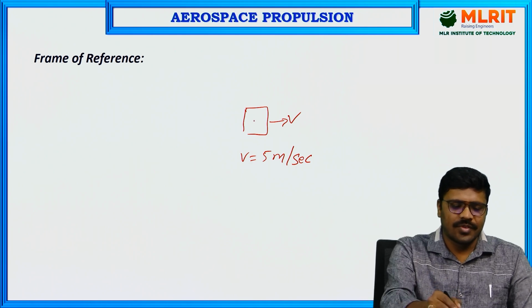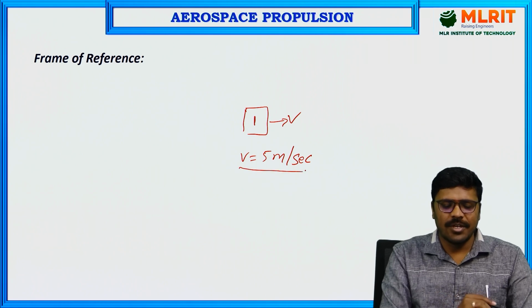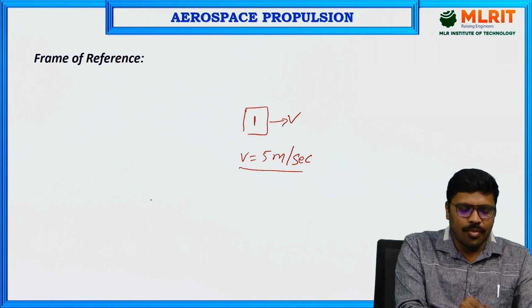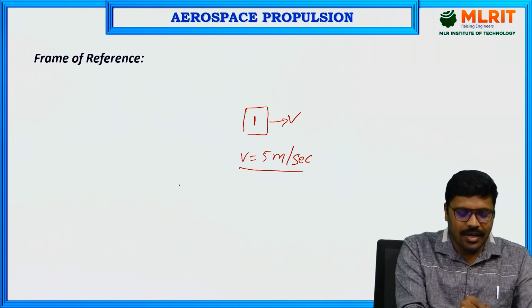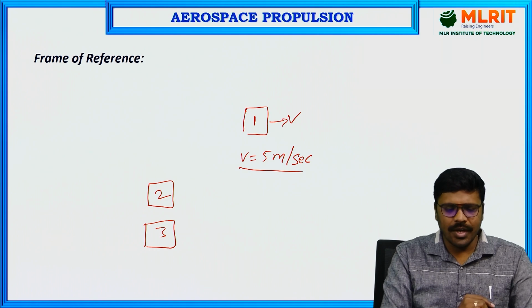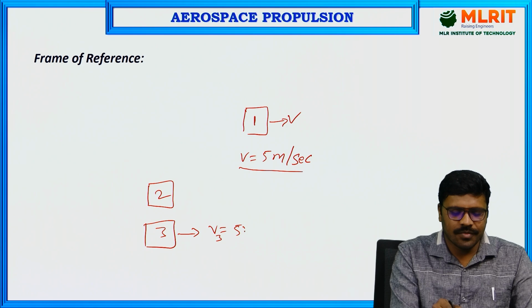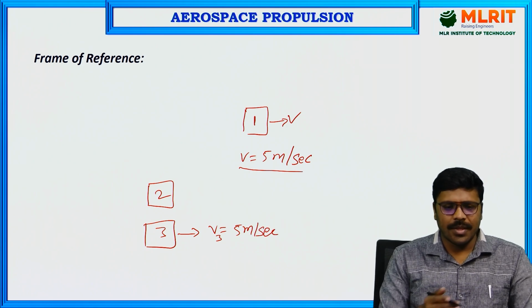Next there are another two bodies: body 2 and body 3. Body 2 is at rest and body 3 is moving with some velocity v3 equal to 5 meters per second. Both are on the ground.